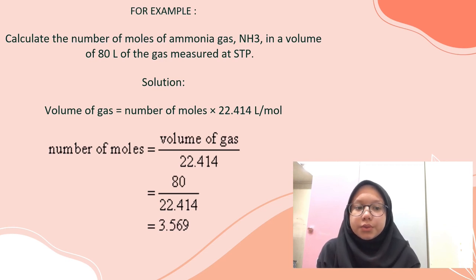We don't have the number of moles, so the volume, which is 80, will be divided by the STP value, which is 22.4 liters, and we will get 3.569 moles.